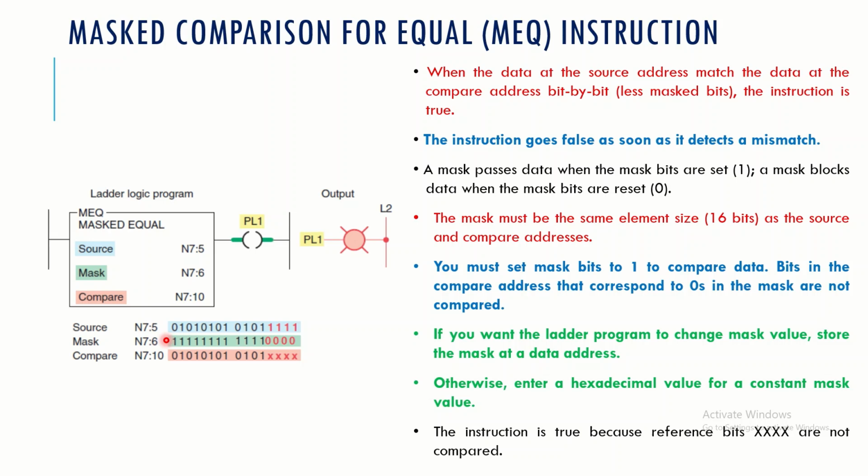Now you see that where you want to compare the data, you have to set the mask bits to 1, or you have to write 1 to the mask bits. And where you do not want to compare the data, you have to write 0.